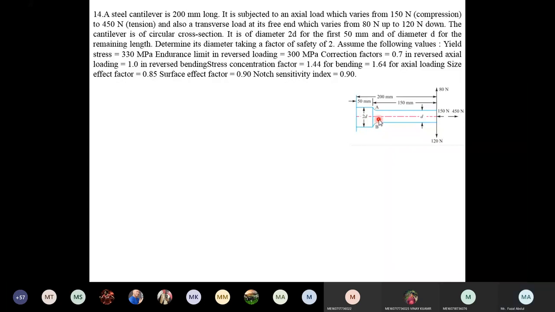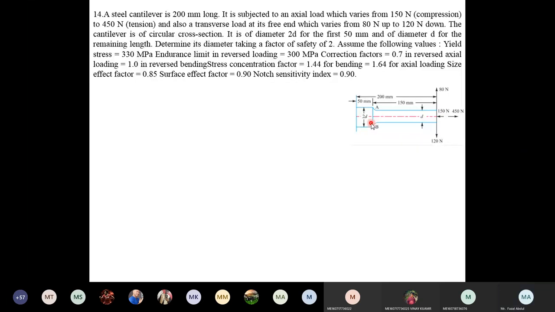Determine the diameter. The question is to find the diameter. Once you get the d value, substitute and you will get the diameter 2d. The factor of safety is 2, yield strength 330, endurance limit 300 megapascal.